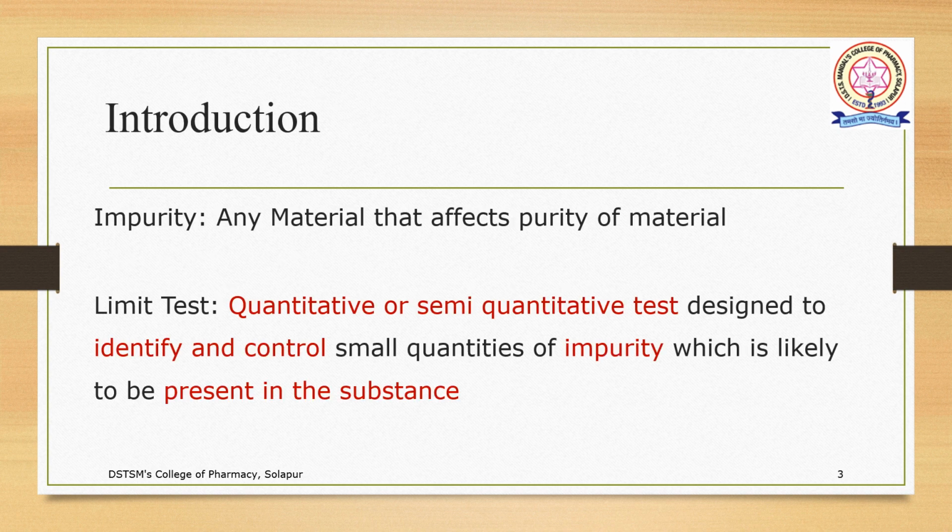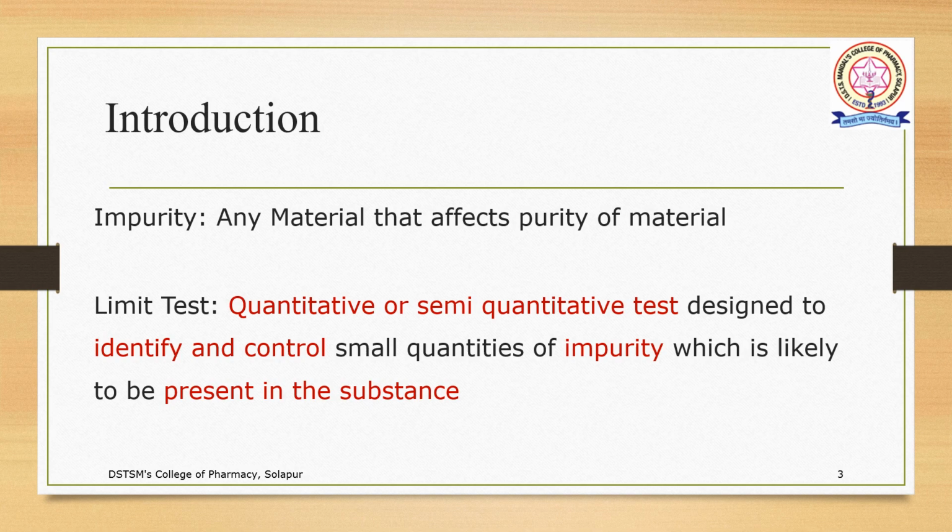Limit test is nothing but a quantitative or semi-quantitative test designed to identify and control small quantities of impurity which are likely to be present in the substance. Impurity is nothing but any material that affects the purity of material.